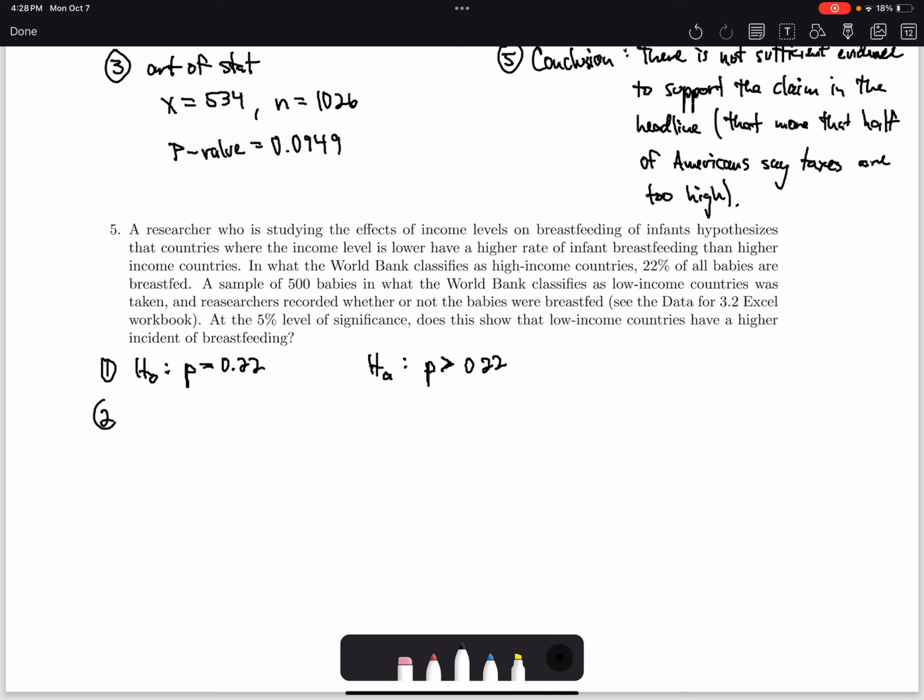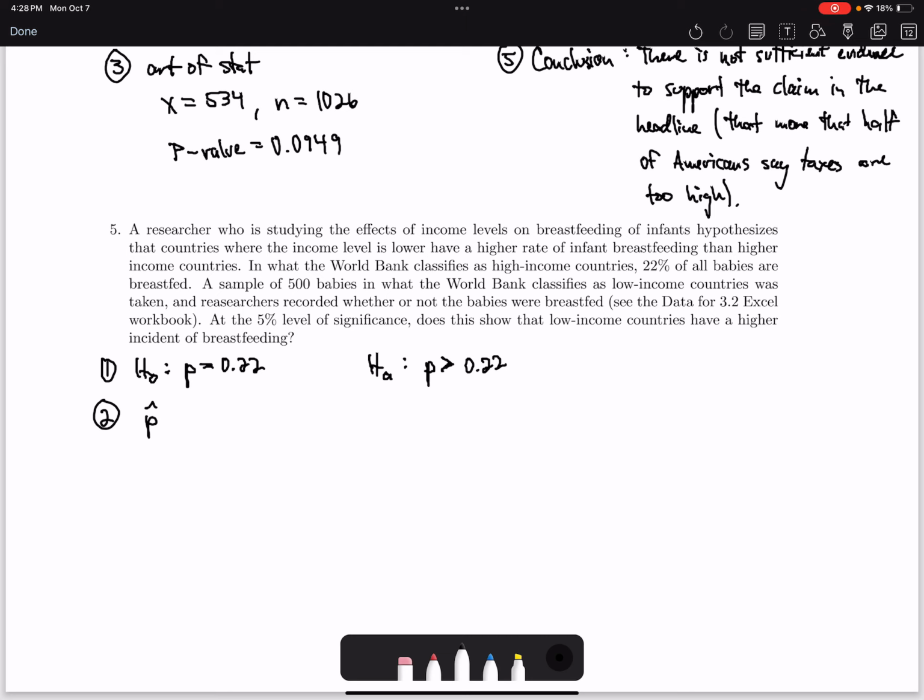Step 2 would be to collect the sample proportions here. So we want the sample proportion of low-income babies who are breastfed. So here, I think it would be useful to go ahead and put the raw data into the calculator and then calculate this value.